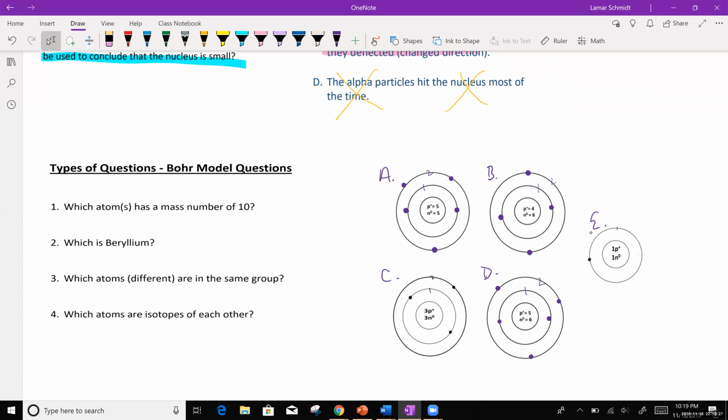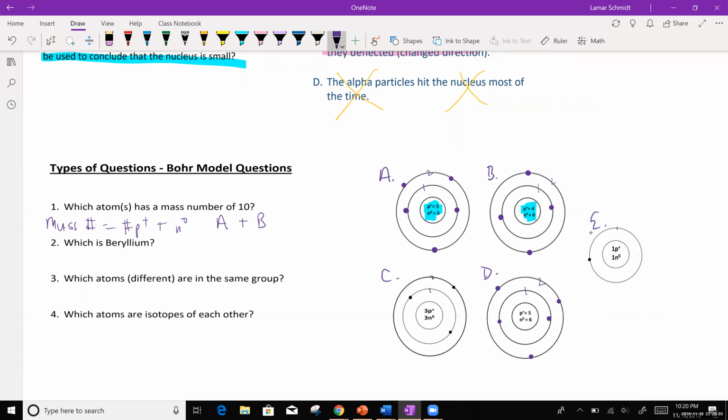What you should see there is the mass number, which is equal to the number of protons plus neutrons. We should see that 5 plus 5 is 10, and 4 plus 6 is 10, and none of the others get us there. So for part 1, this will be choice A plus B.